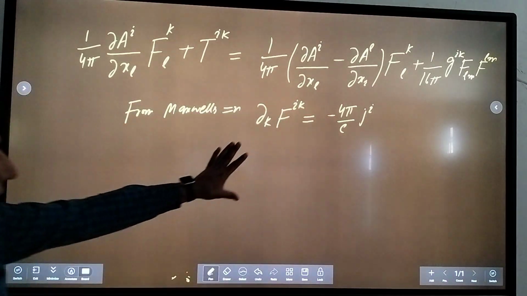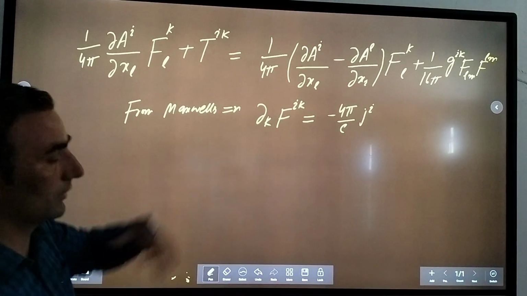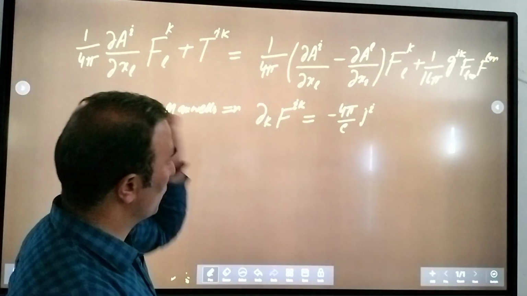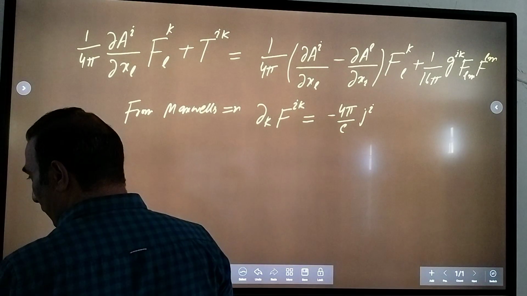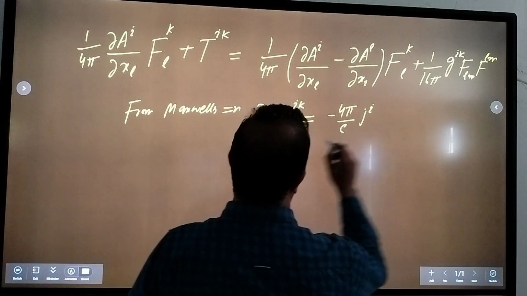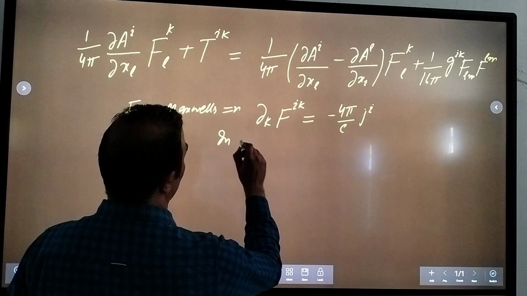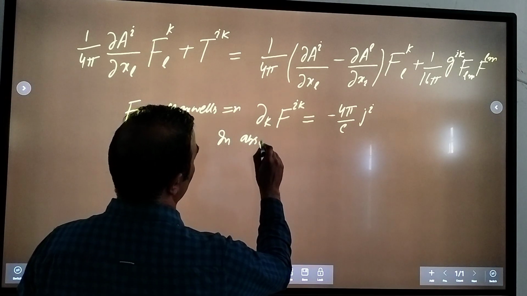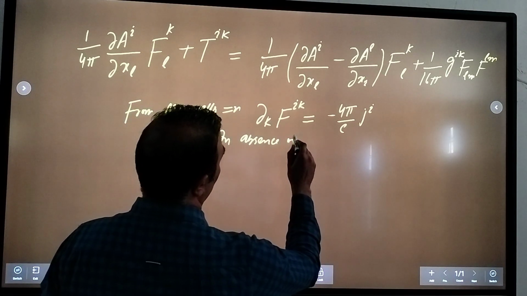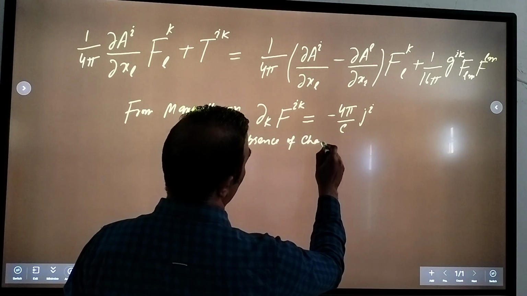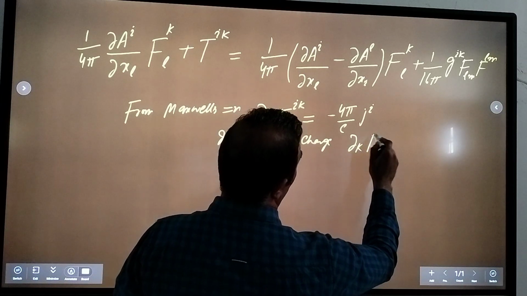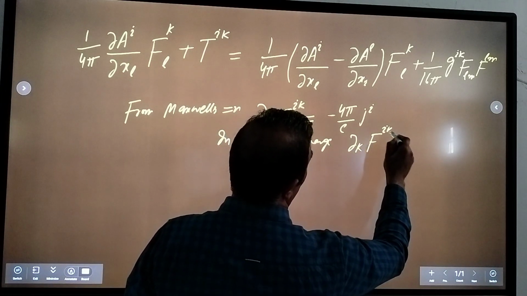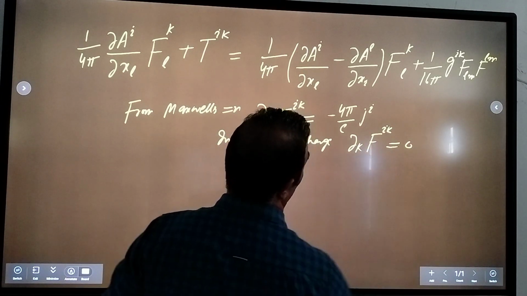So this is our Maxwell equation. When you write it in this form, now if you write that in the absence of charge density, in the absence of charge, there will be no charge. If there is no charge, in that case our partial k f i k will be equal to 0, right?